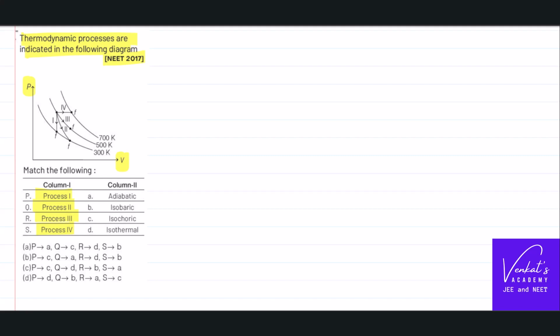This is process 1. If you look at process 1 carefully, this is a straight line parallel to y-axis, downward. So the process 1 graph is parallel to y-axis, and if you just extend that, it's all happening at a constant volume.